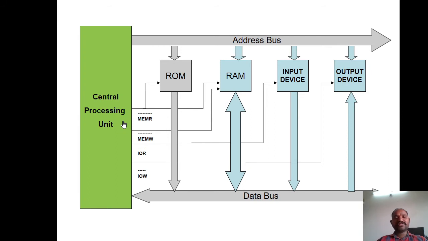So this is what we are having. When the microprocessor wants to perform the read or write operation, first let us take the read operation. Let me take one simple scenario.